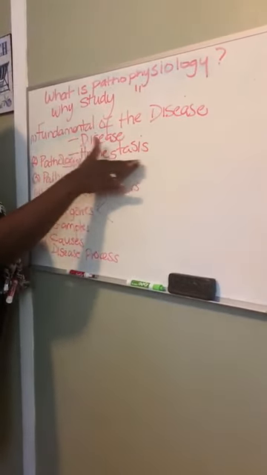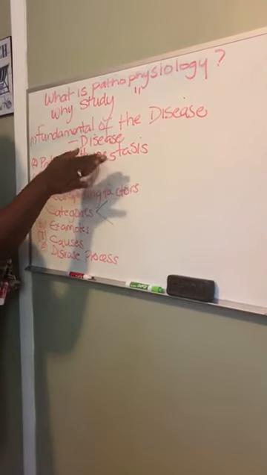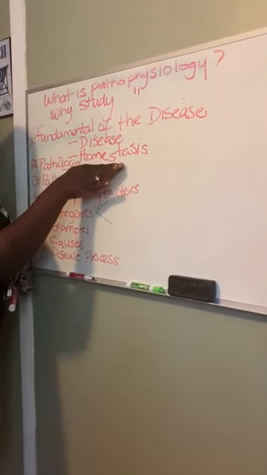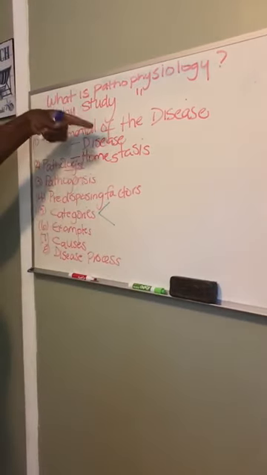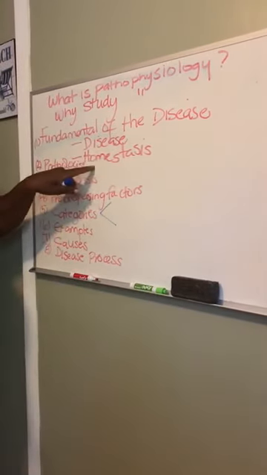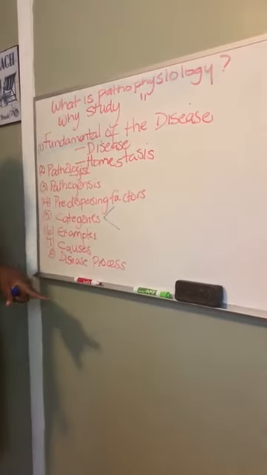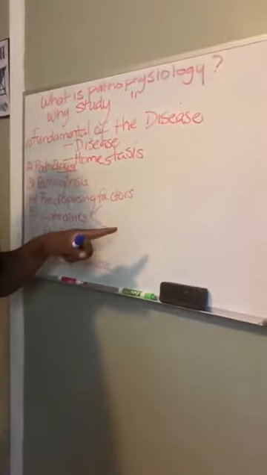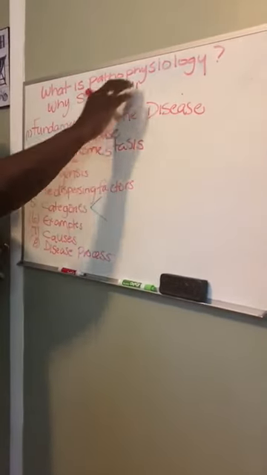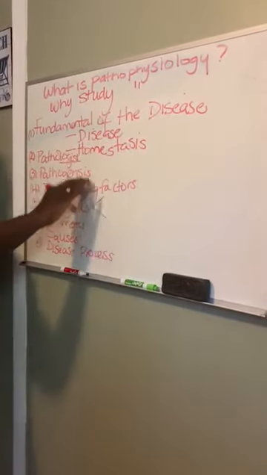Homeostasis means equilibrium, absence of disease. Disease means there is something present that is pathological. Okay? So homeostasis is absence of disease. The pathologist is the individual that studies the pathophysiology.